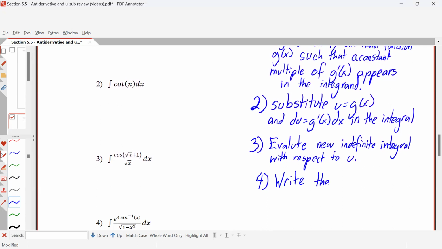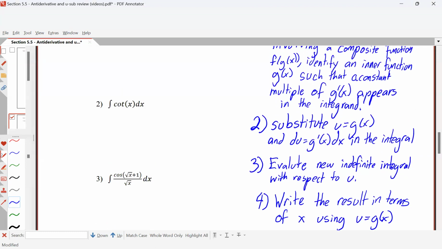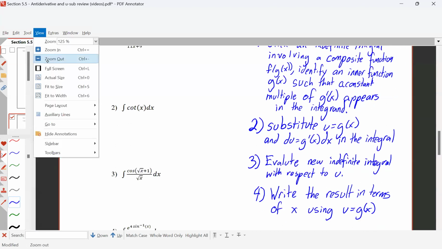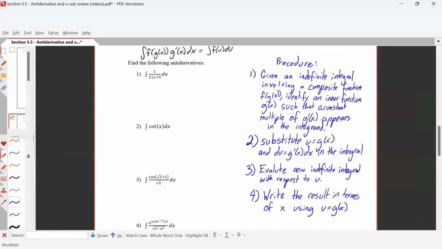So write the result in terms of x using our substitution, u equals g of x. So there is our procedure for indefinite integrals, meaning integrals without bounds, when we're just trying to find the antiderivative.